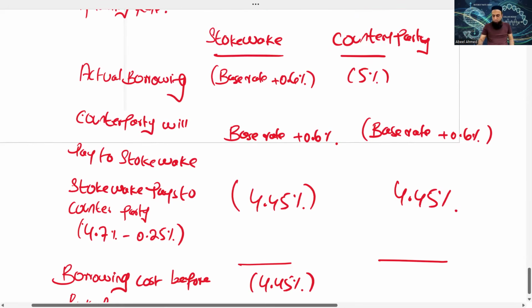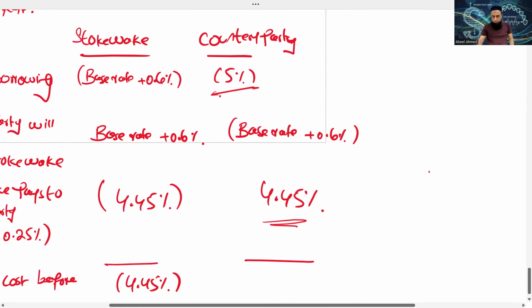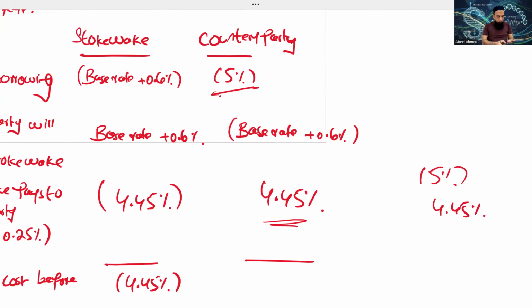Now listen, student. We have 5% outflow, 4.45 inflow. So logically, the outflow is 5%. Inflow is this. How much outflow will be left? 0.55 outflow will be left.